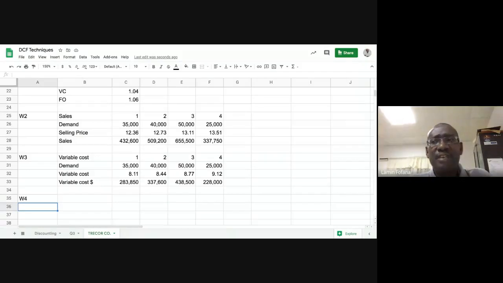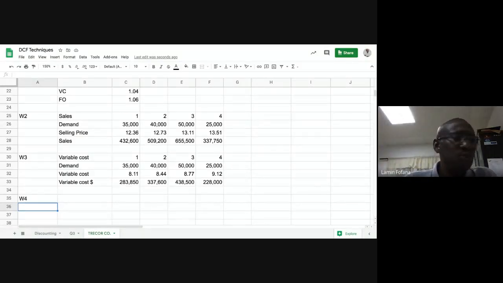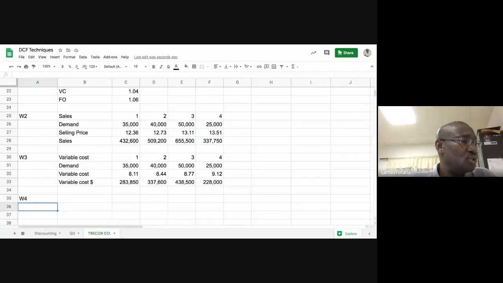So we'll have year 1, the asset was bought for 250,000 and is going to be depreciated over 4 years. At the end of the 4th year, we will sell it and get a benefit of 5,000. Mind you, that will be a cash benefit that we will get at the end of the 4th year.